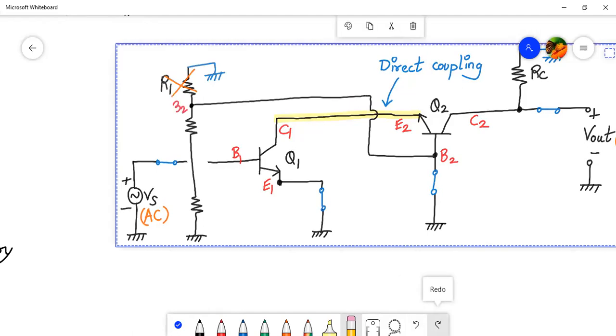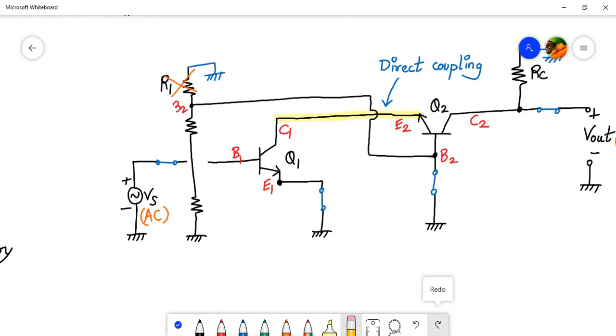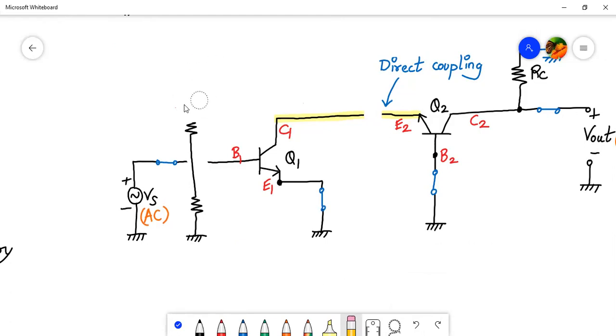Let me redo it. Let me disconnect this wire, because this is redundant. R1 resistance is not required. And let me replace that. This is R2 parallel to R3. Join the connections back.